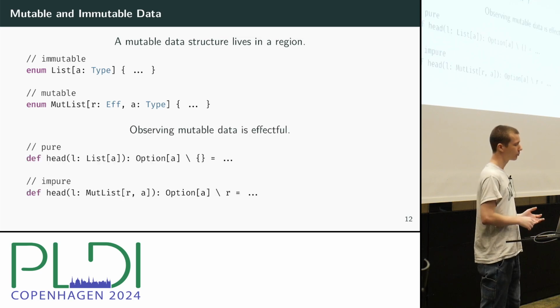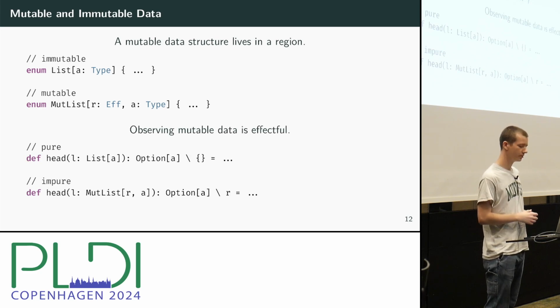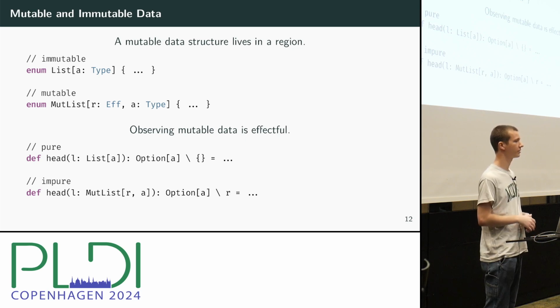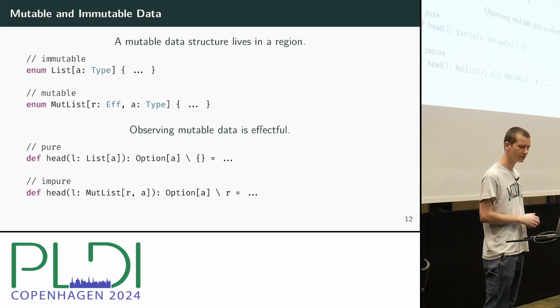And that means that when we observe data in this list, we're going to have that region effect in the signature. So the pure head function for an immutable list has the pure effect. There's no effect. But the impure function for observing a mutable list has that R effect, the region of the mutable list.